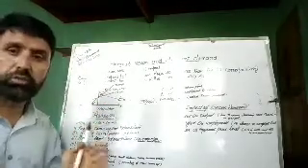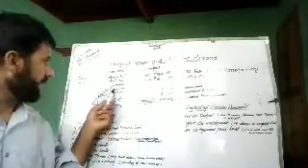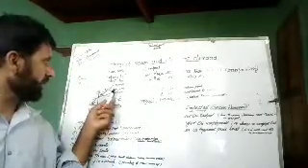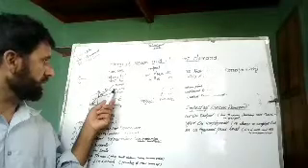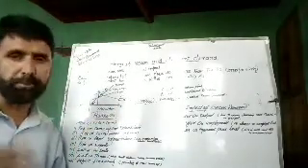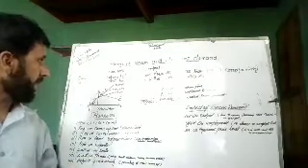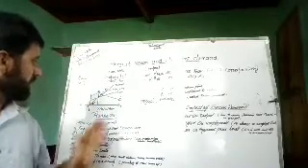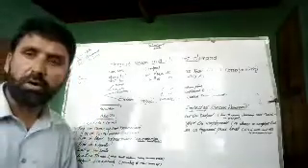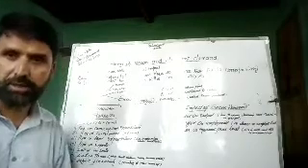This is the aggregate demand curve showing the full employment, and this curve of aggregate demand shows over full employment, and this is the curve which can be drawn at a 45-degree angle, showing the aggregate supply.